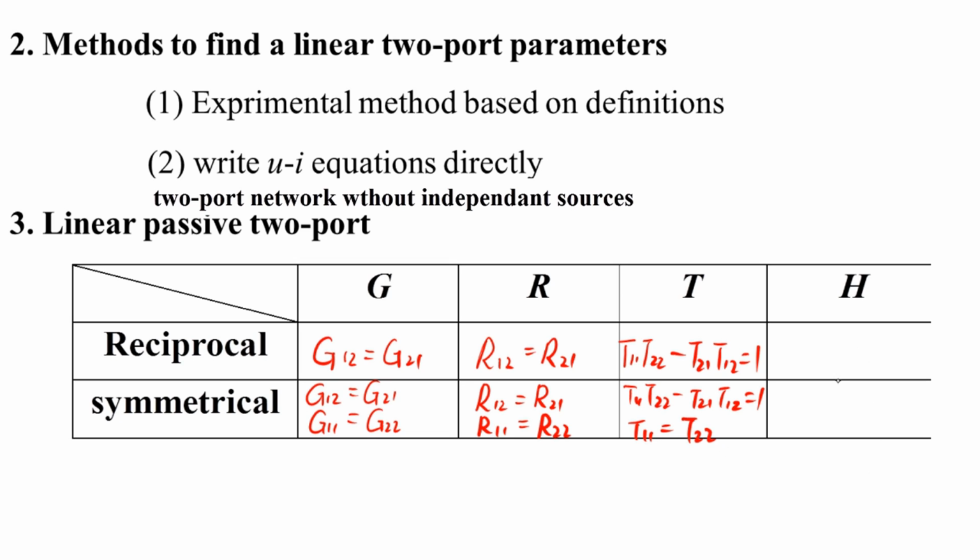For the reciprocal two-port, it's H12 equals minus H21. Pay attention to the minus sign. For the symmetrical two-port, besides H12 equals minus H21, the determinant of its matrix H equals 1.